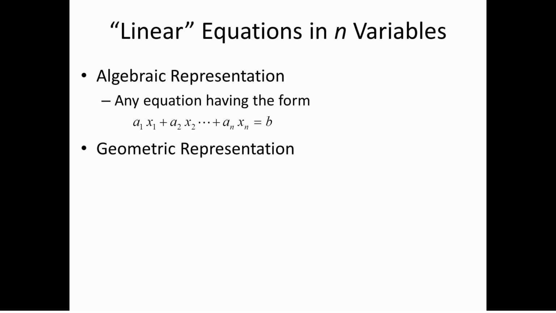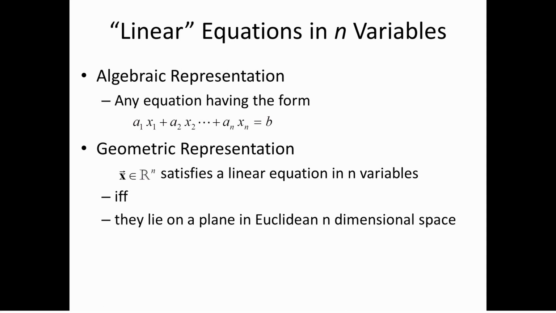Now, it turns out that any vector in Rn that satisfies a linear equation in n variables represents the points that lie on a plane in a Euclidean n-dimensional space. And conversely, if I know a particular plane in Rn, then I know that there is a linear equation that corresponds to it.